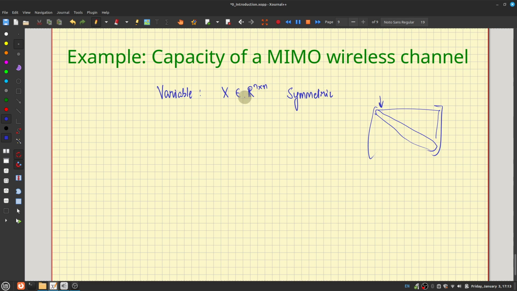So that's my variable. Again, effectively I could pose this in terms of only the independent variables, but there's a specific reason why I'll define the variable to be a symmetric matrix. So this is my variable.